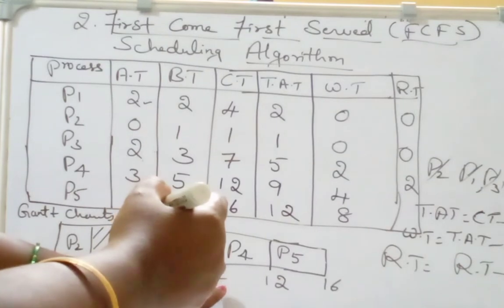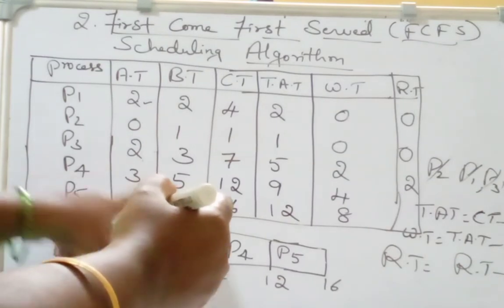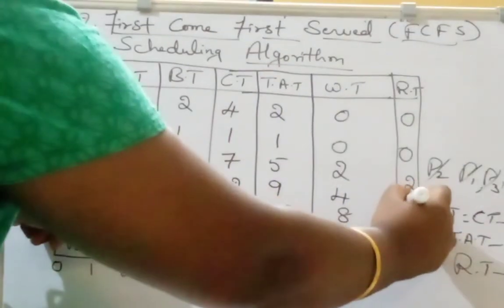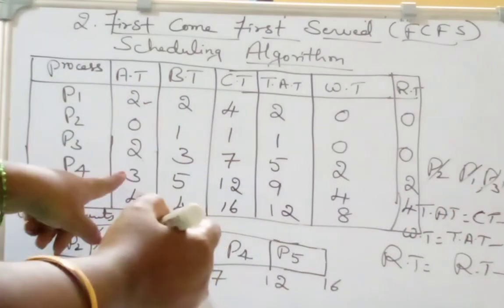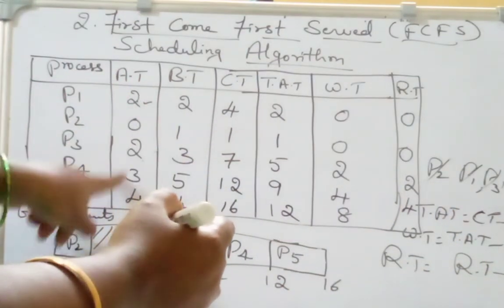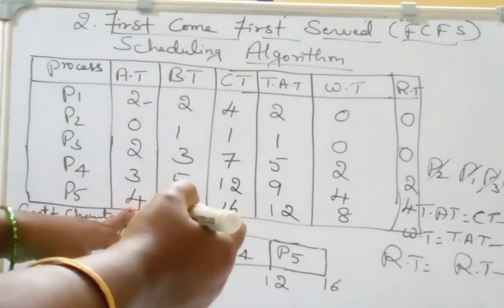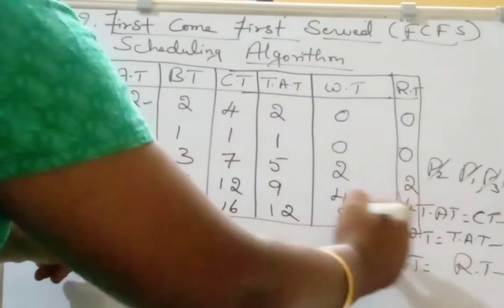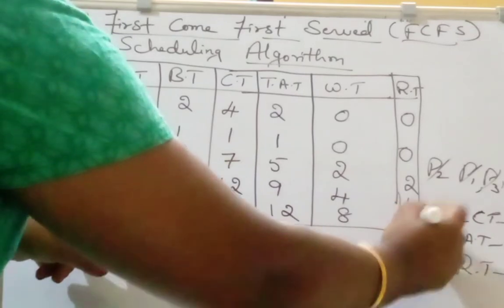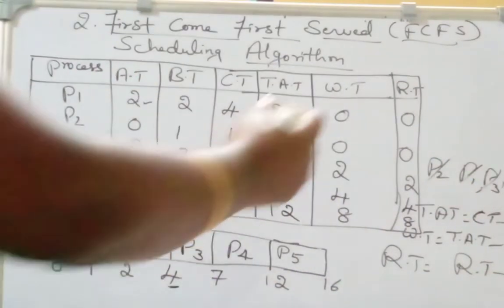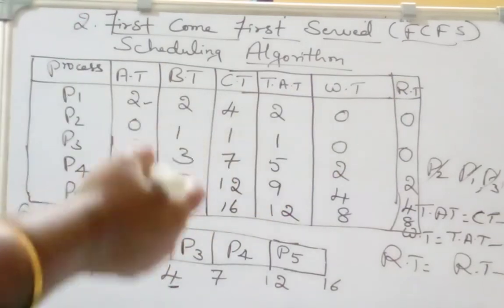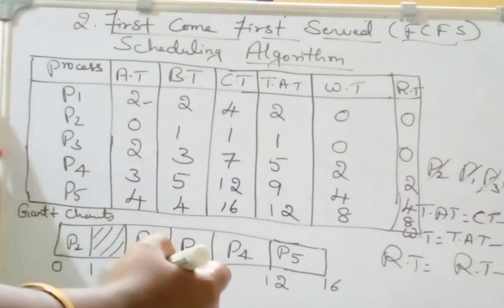For P4, it is 7 minus 3, which is 4. For P5, it is 12 minus 4, which is 8. So this is the first response time given by the CPU for the process.